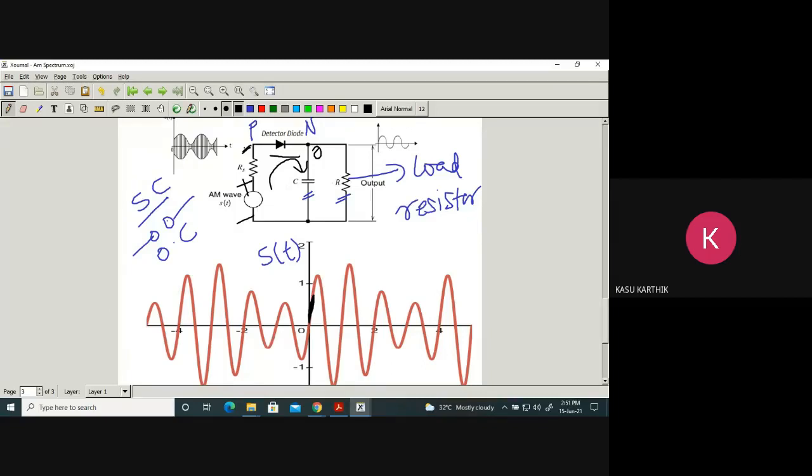It charges like this during the positive half cycle. Suppose after this point, be careful here, now we are here. So the capacitor charged to this point. Let us take this is the maximum, some value Vm. Now the capacitor is charged to Vm.